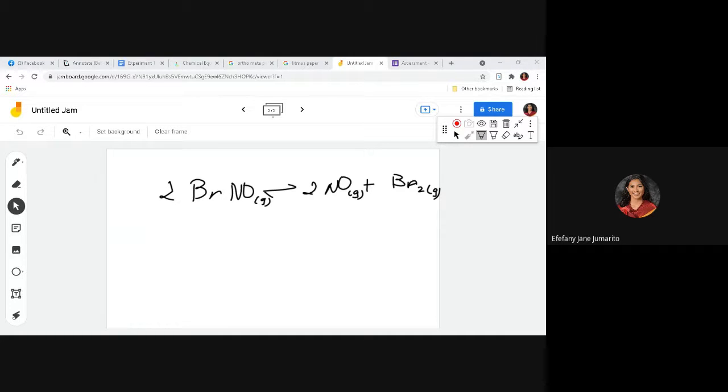Now, what if we increase the concentration of bromine? What will happen to the direction? Forward.